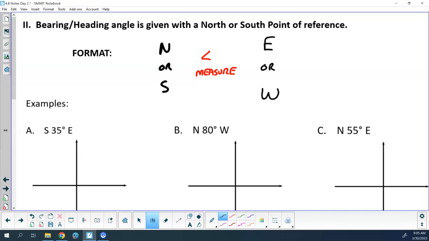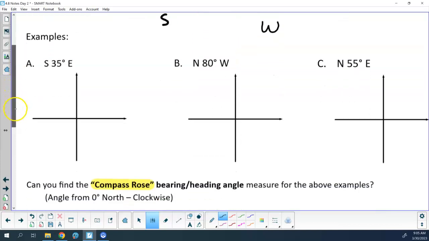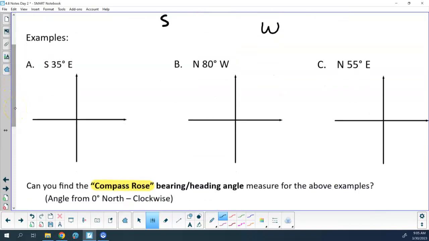Okay, so what this is saying, south 35 degrees east, is that we are going to be south, so south is straight down, east is to the right, so we're going to be south, but 35 degrees east, so this angle here is going to be 35 degrees.